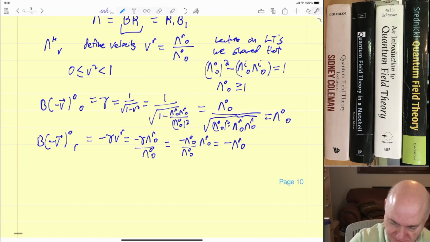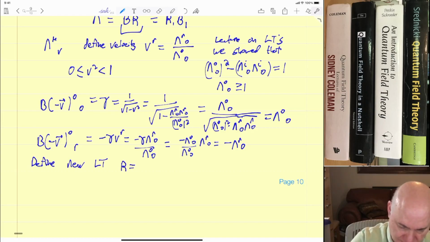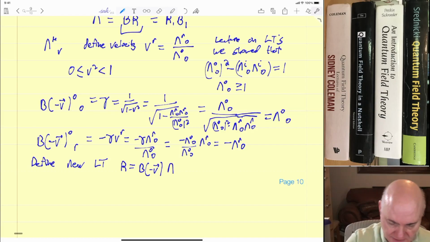So we have these two things. Now let's define a new Lorentz transformation, R equals B of minus v times lambda. The key thing here is that this is a Lorentz transformation. Lambda is a restricted Lorentz transformation, and all boosts are restricted Lorentz transformations.